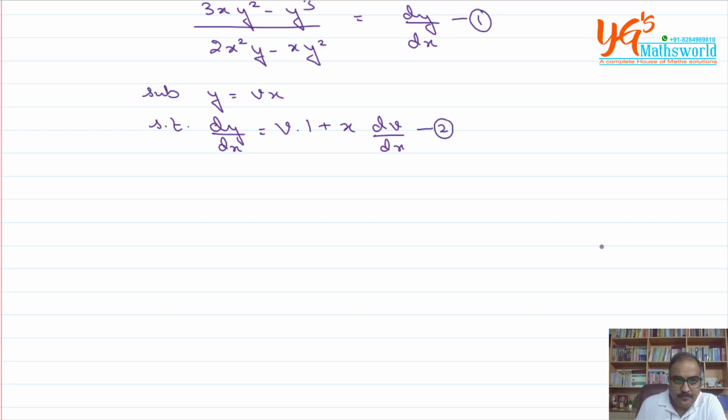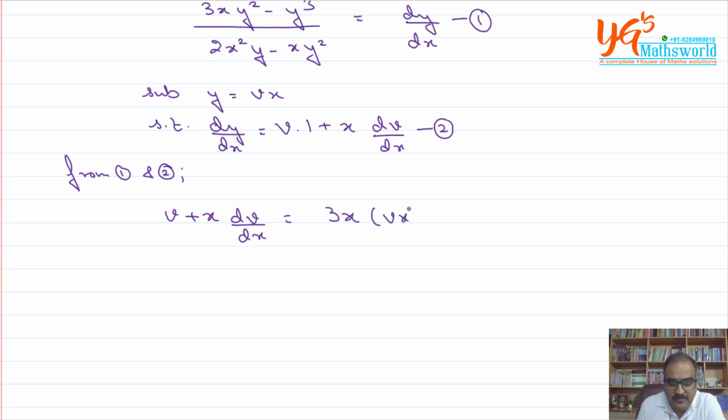Now from equations 1 and 2, dy by dx, that is v plus x dv by dx, is equal to 3x y square, where y square means vx whole square, minus y cube, that means vx whole cube, divided by 2x square into vx minus x into vx whole square.